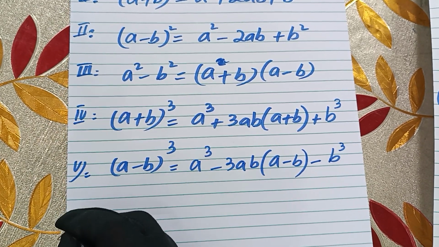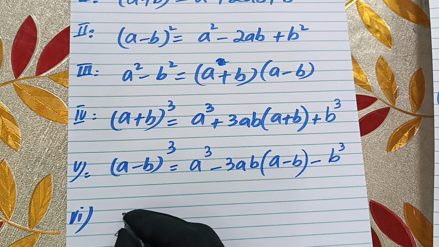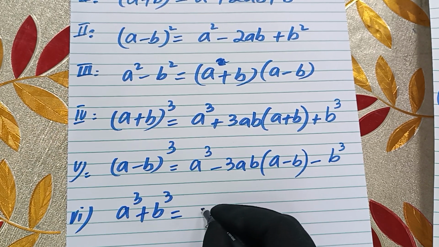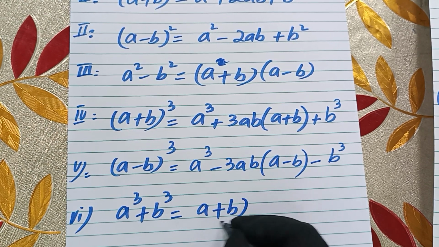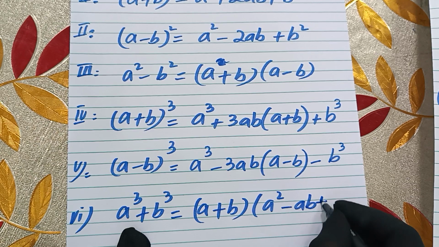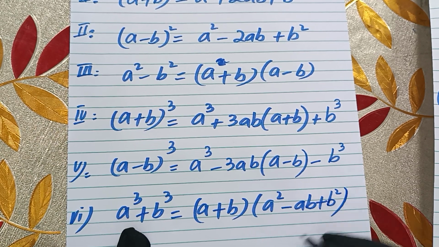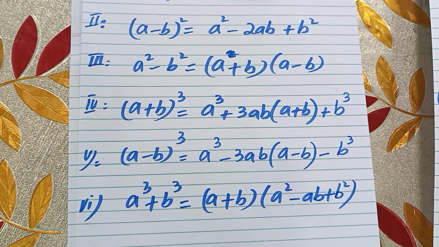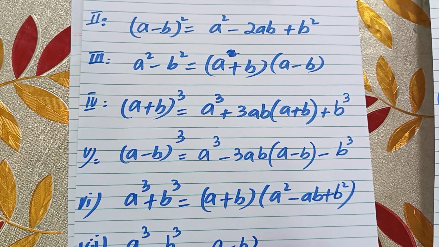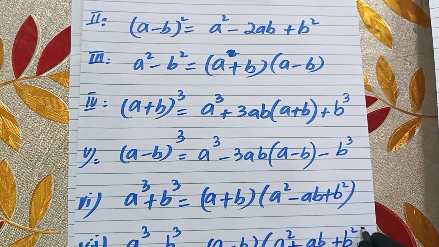After that, sixth one is a cube plus b cube, that is a plus b times a square minus ab plus b square. And the last one, seventh, is a cube minus b cube equals a minus b times a square plus ab plus b square.